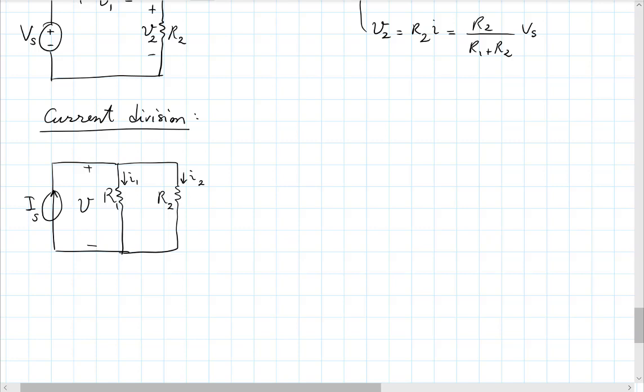Now, the equivalent resistance is just the inverse of the sum of the inverses of these two. So V is simply Is times 1 over (1/R1 + 1/R2). So this is just the equivalent resistance.